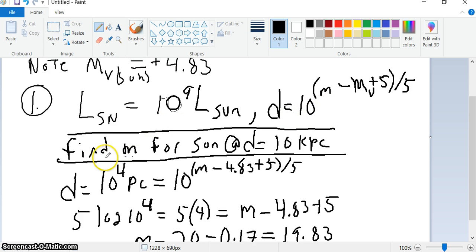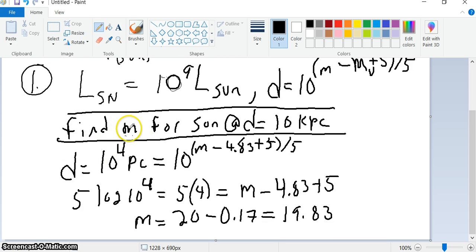This problem requires 2 parts. First, we have to find the apparent magnitude, so little m, for the sun at a distance of 10 kiloparsecs. 10 kiloparsecs, of course, is just 10 to the 4th. So we're just using this equation up here, and we're going to solve for little m.